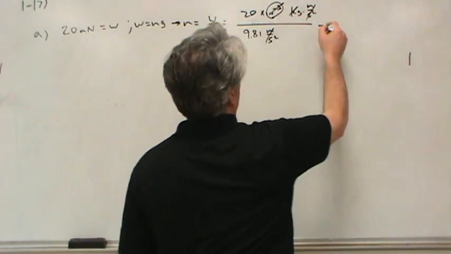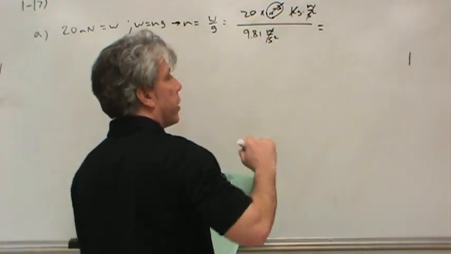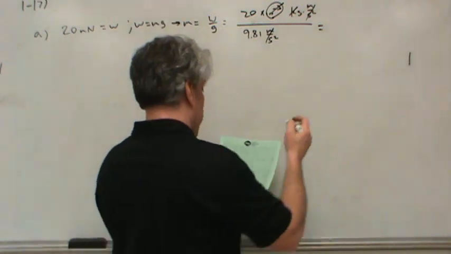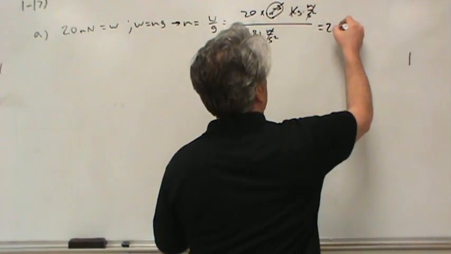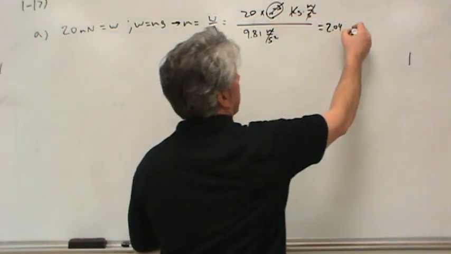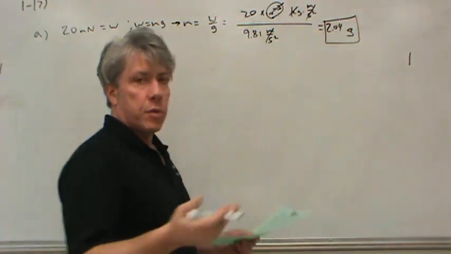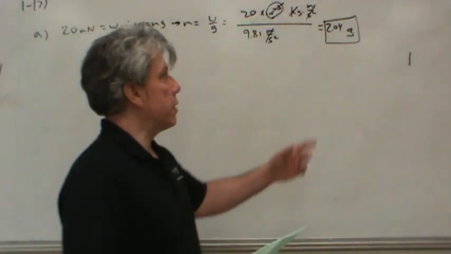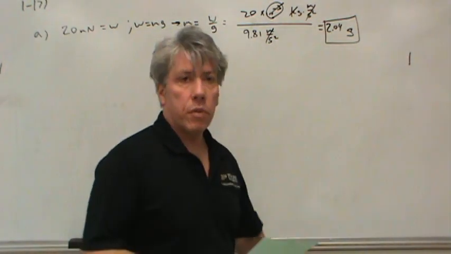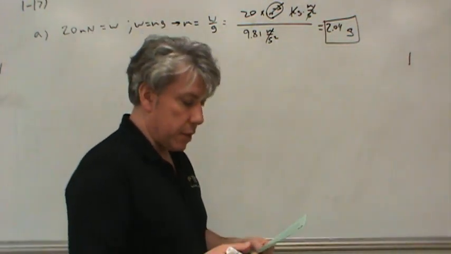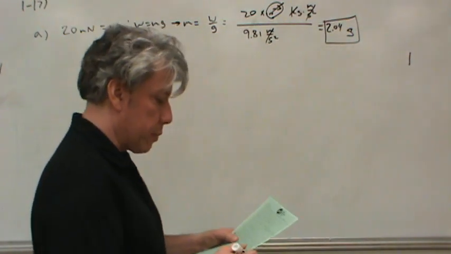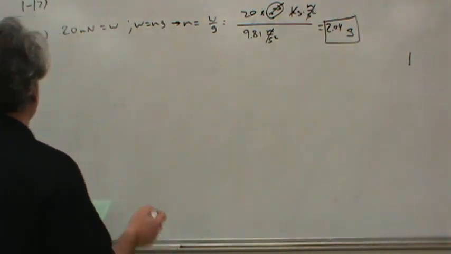And so all we've got to do is take 20 divided by 9.81, which is going to be about 2. Turns out that number is 2.04, and the units then would just be grams. Now that may not be the preferred answer. You may want your answer in kilograms. If so, just move the decimal place 3 places to the left and call it out. So it's about 0.002 kilograms or so, 2/1000ths of a kilogram.